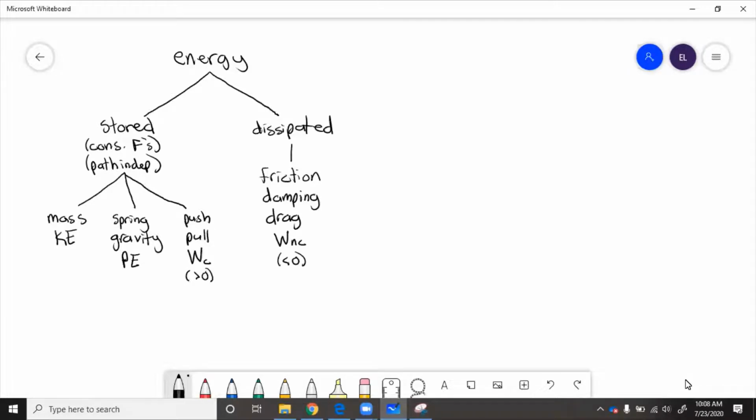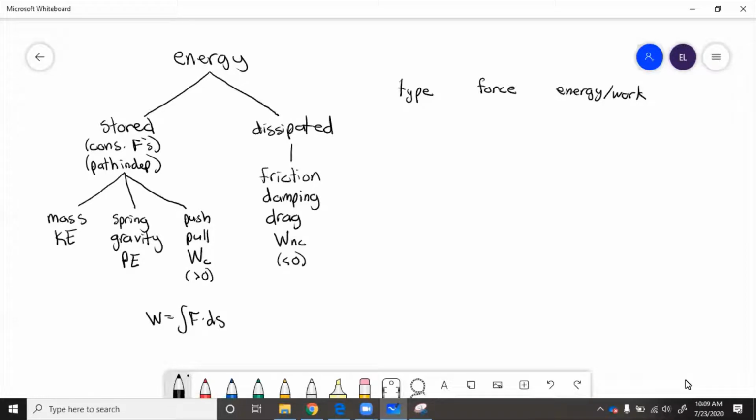And so now we're going to make a chart of different types of energy and forces and what their formulas are. So we'll have the type, we'll have the force, and then we'll have the energy or the work. We remember that work equals the integral of F dot ds.